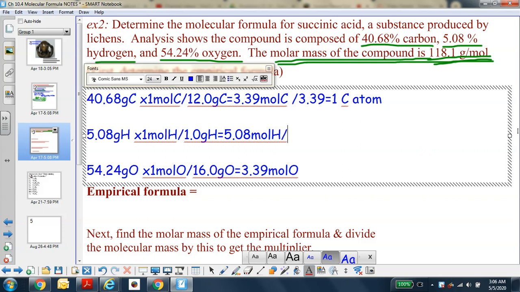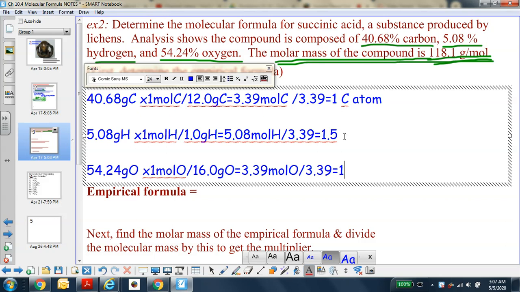Take the next answer, divide it by 3.39. Oh, it comes out to be 1.5. We'll come back to that in a moment. Our last one, we divide by 3.39, which equals 1.